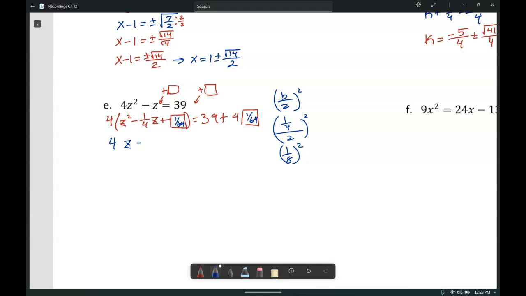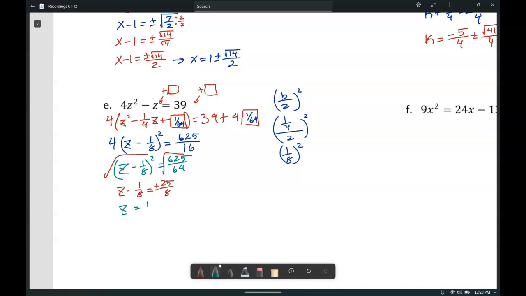z minus 1/8 squared equals 625 over 16. We've completed the square. Now we can go ahead and use our square root property. Divide both sides by 4. 625 over 64. Square root both sides. z minus 1/8 equals positive negative 25 over 8.